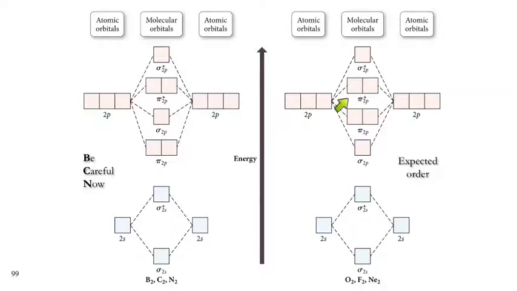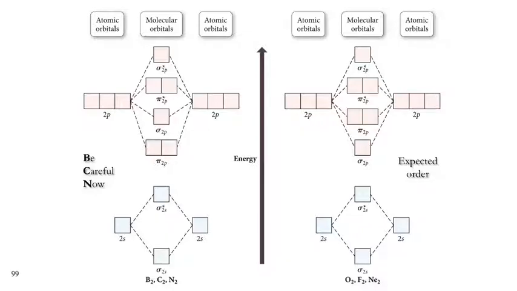There are 2 pi star orbitals and 2 pi orbitals. And they're beautifully symmetrical. The sigmas are on the outside, the pi's are on the inside. The star one is always higher in energy than the corresponding one without the star. Because that's what makes it an antibonding orbital. So this is the expected order. Boron, carbon, and nitrogen mix it up a little.